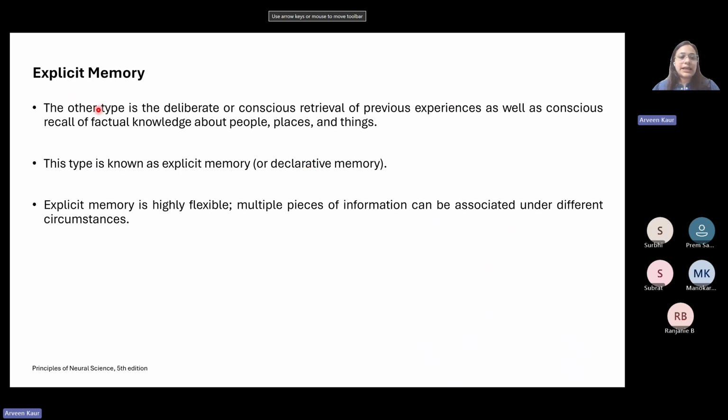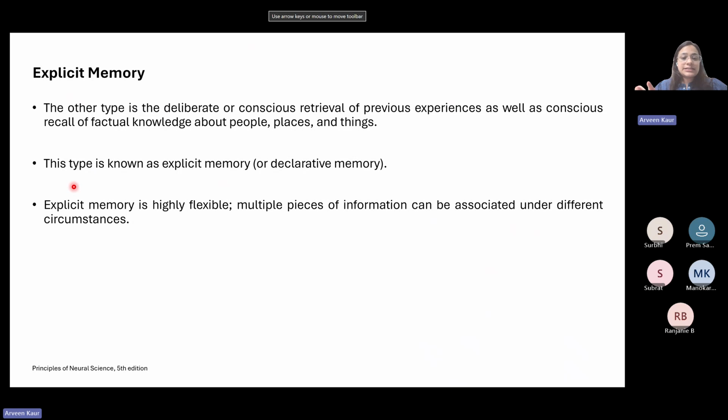The other kind is explicit memory. It is a deliberate or conscious retrieval of previous experiences as well as conscious recall of factual knowledge about people, places, and things. Right, this type is known as explicit memory. For instance, if I'm learning for an exam, writing will come naturally to me. But what I need to write, what I had studied about that subject, I might have to think about, right?